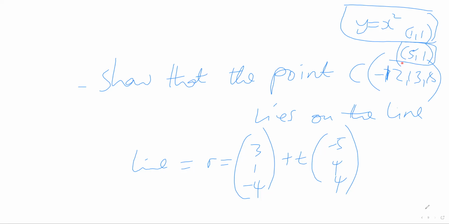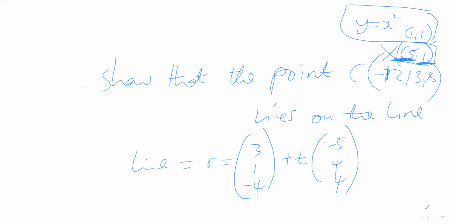Why? Because if I put in 5 where there's x, 5 squared is 25, it's not 1. So this point does not lie on the line. That's the idea we're actually doing here. When we say it lies on the line, what you're saying is that when you substitute in some x value, you're supposed to get the corresponding value of y, which in this case you don't.